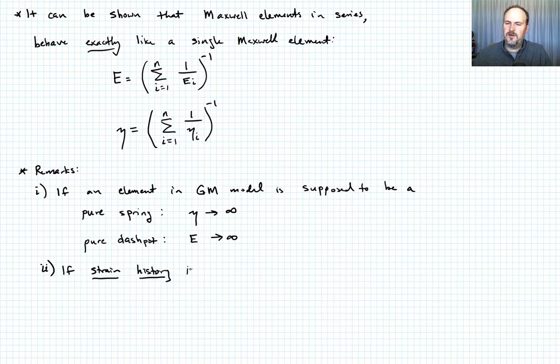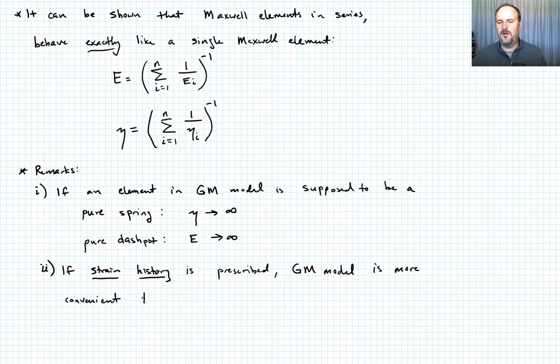If the strain history is prescribed, the generalized Maxwell model is more convenient. Doesn't mean it can't be used elsewhere, but it's just more convenient than the generalized Kelvin-Voigt model, which we haven't talked about yet.